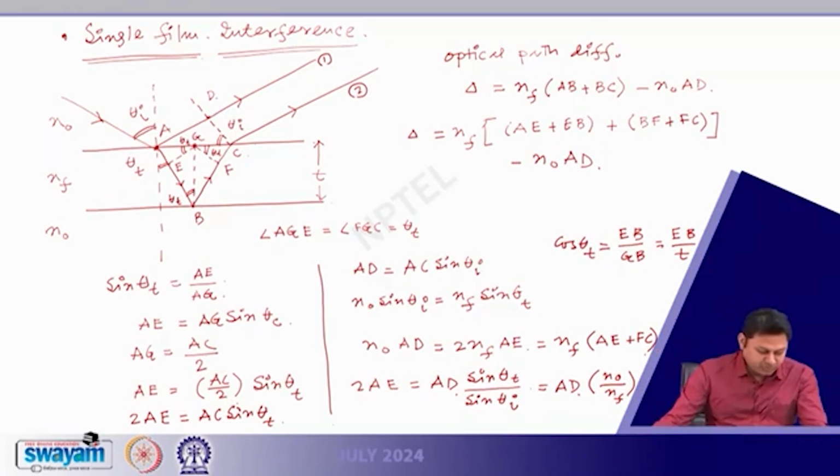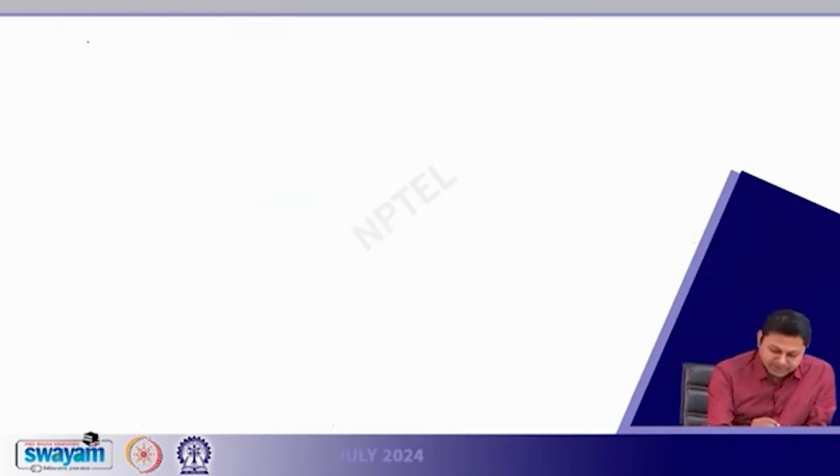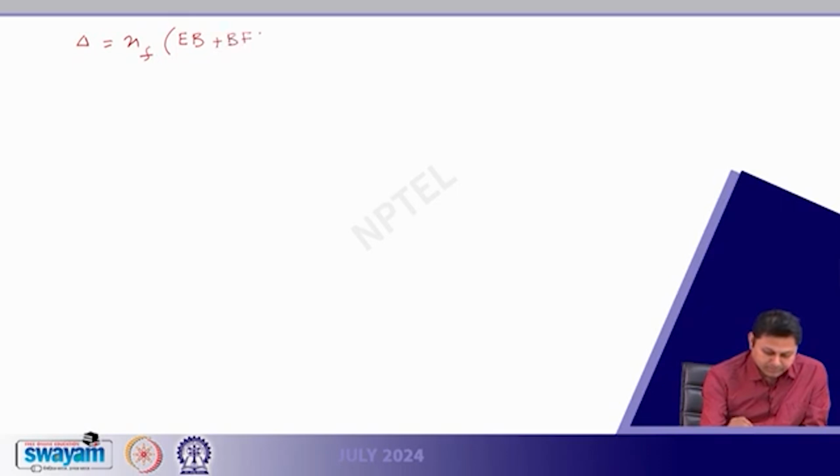So if I do that, then my delta is equal to NF, then EB plus BF, that is equal to 2 of NF EB.